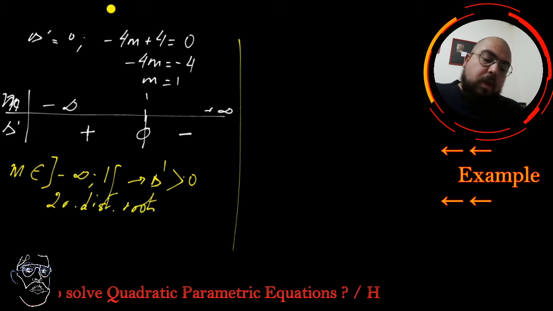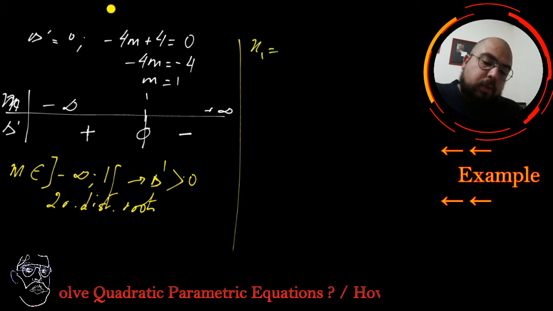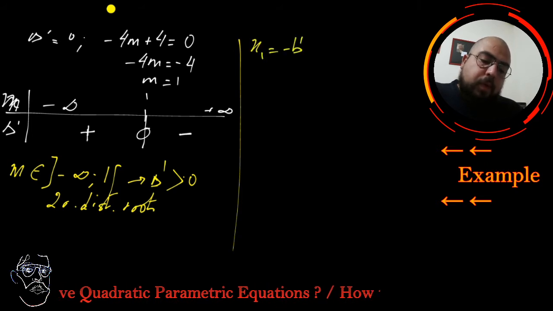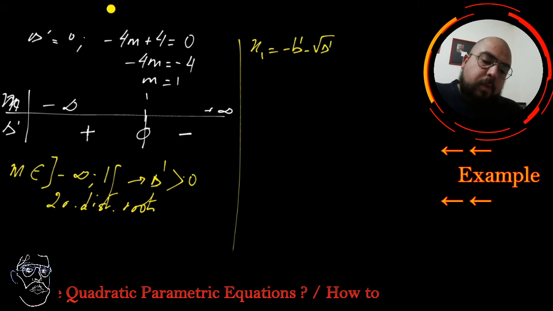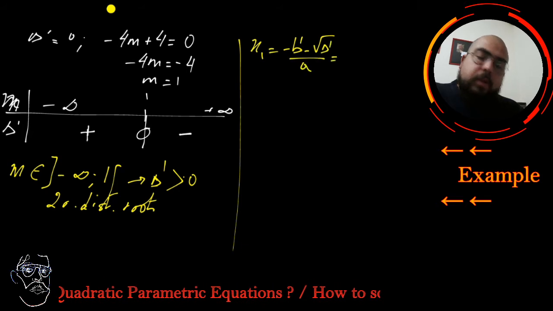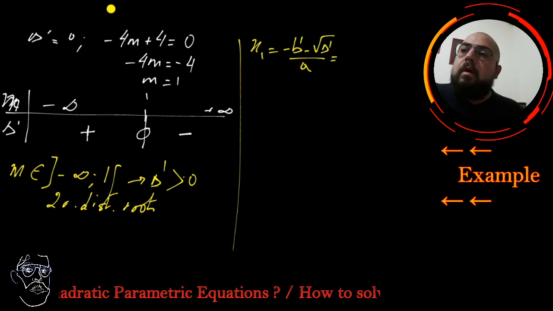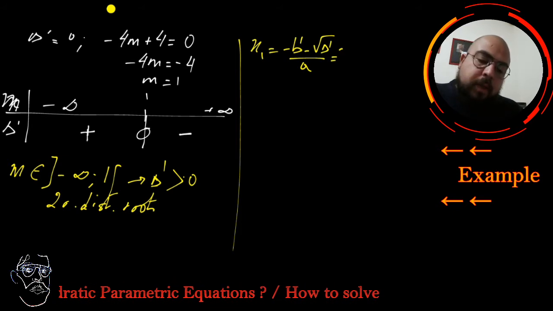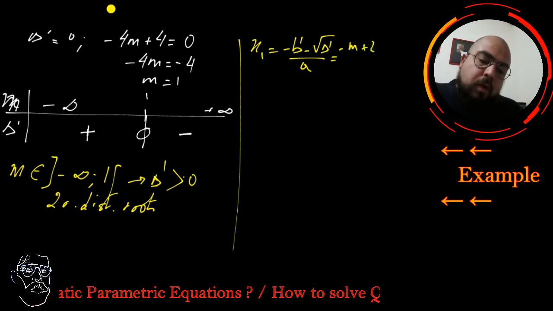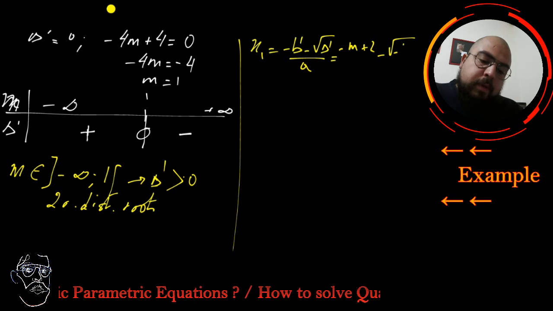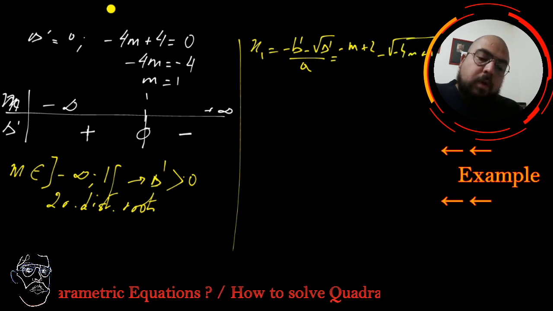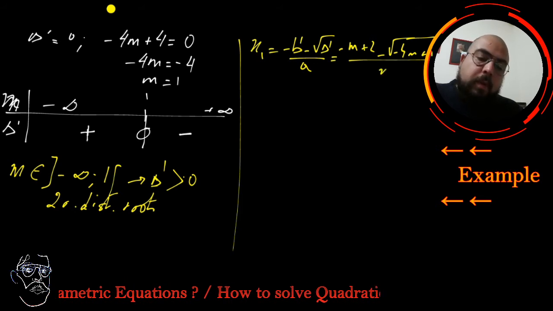You simply use the formula x1 is equal to minus b prime minus square root of delta prime over a, so it's equal to minus m plus 2 minus square root of minus 4m plus 4, over a, which is m.